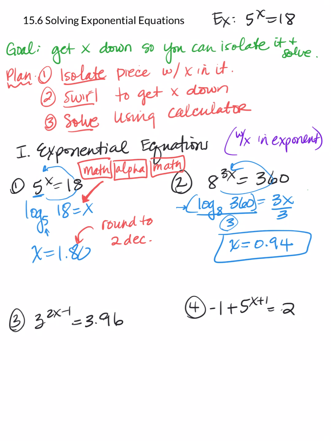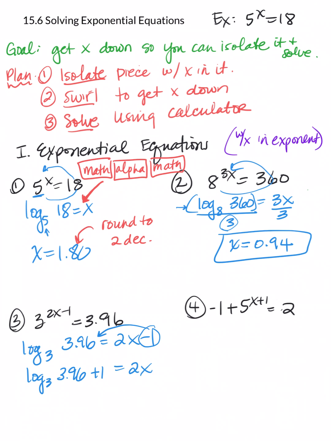Look at number 3. 3 to the 2x minus 1 power equals 3.96. So x is up in the exponent, so I'm going to have to take the logarithm to get it out. My base is 3 of 3.96 equals 2x minus 1. Now remember, my job here is to isolate x, so I'm going to have to move this negative 1 over here. So I'm going to keep this logarithm, all of it together, and I'm going to add that 1, equals 2x.